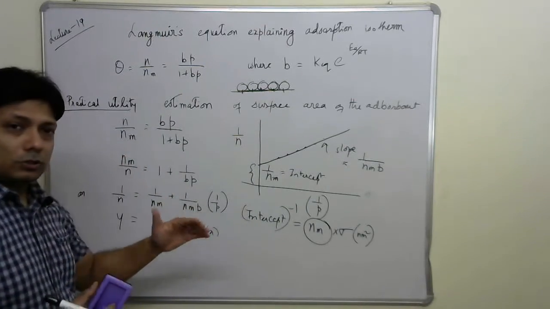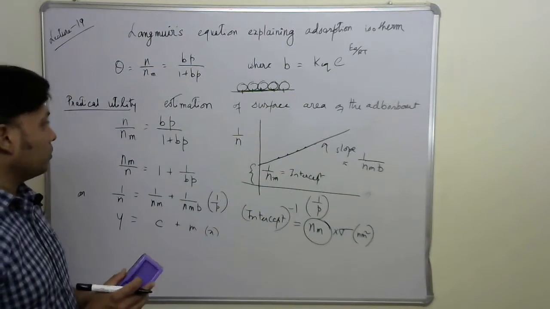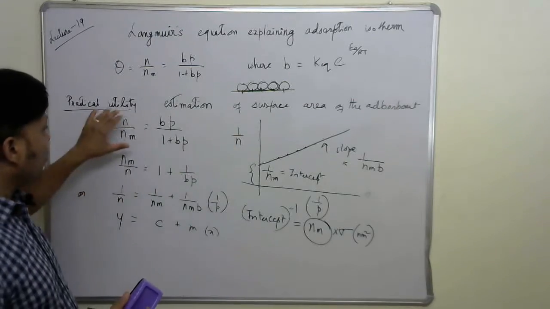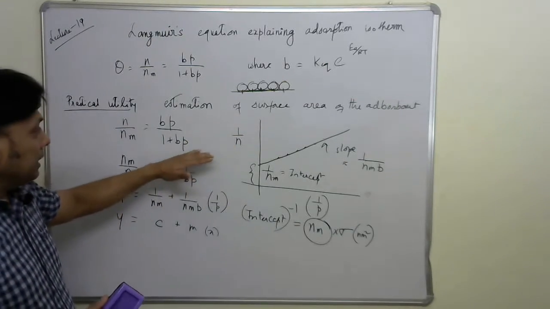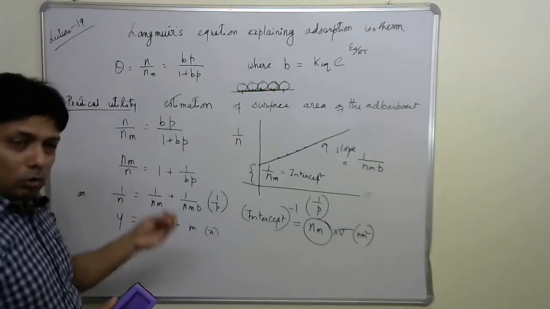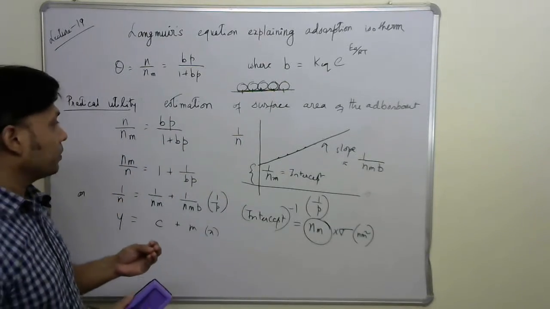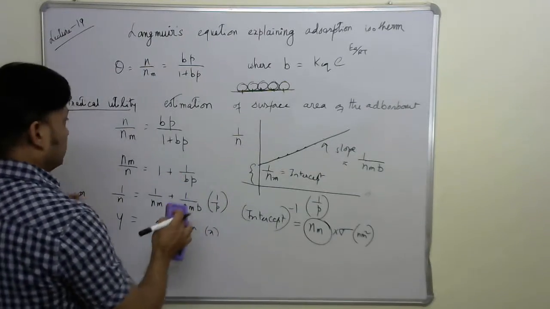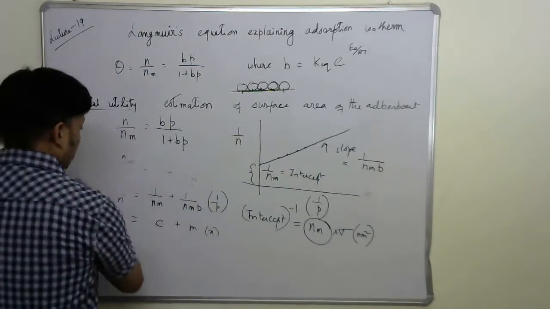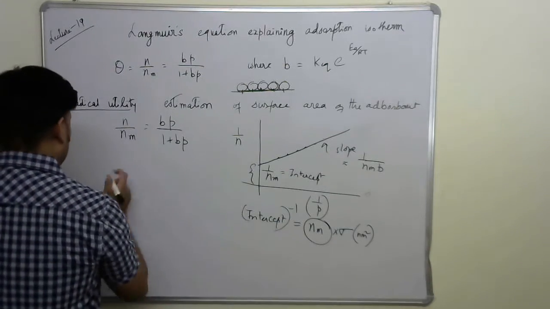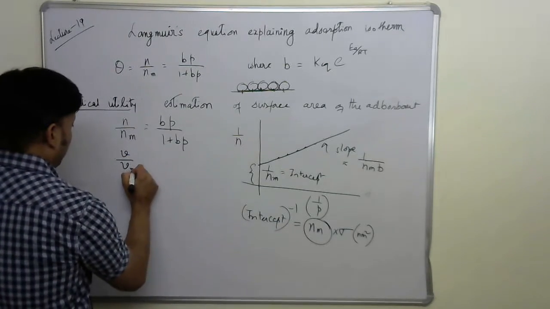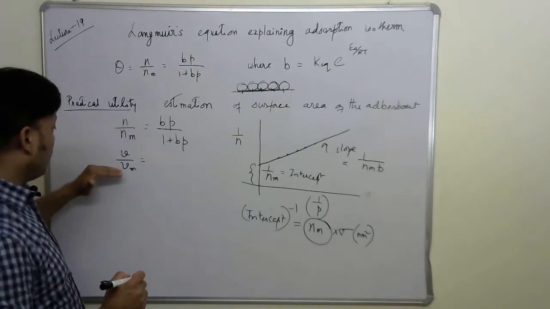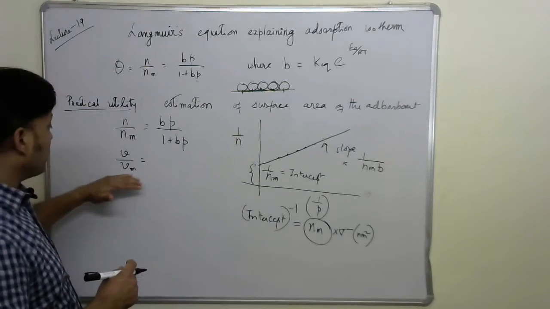Now oftentimes, in the practical aspect of adsorption, the instrument, instead of recording the number of gas molecules adsorbed, directly measures the volume of the gas adsorbed. So the same equation can be written as V divided by Vm, where V is the volume of gas molecules adsorbed at any time point, over Vm, the volume required to have a complete monolayer.